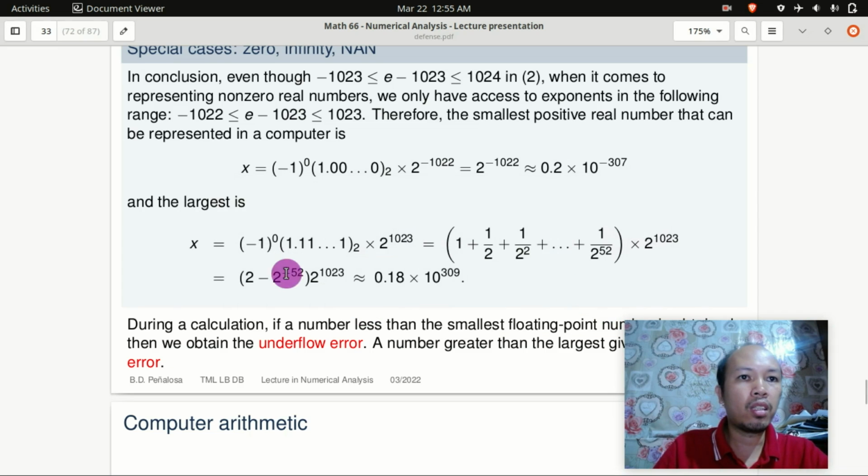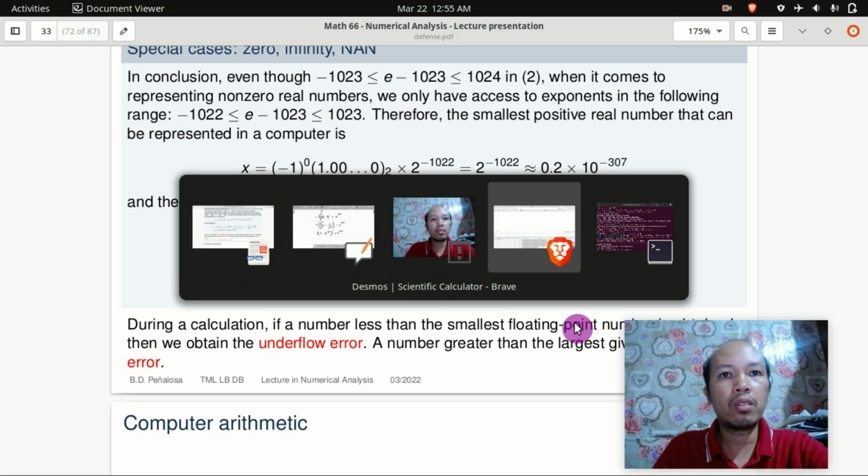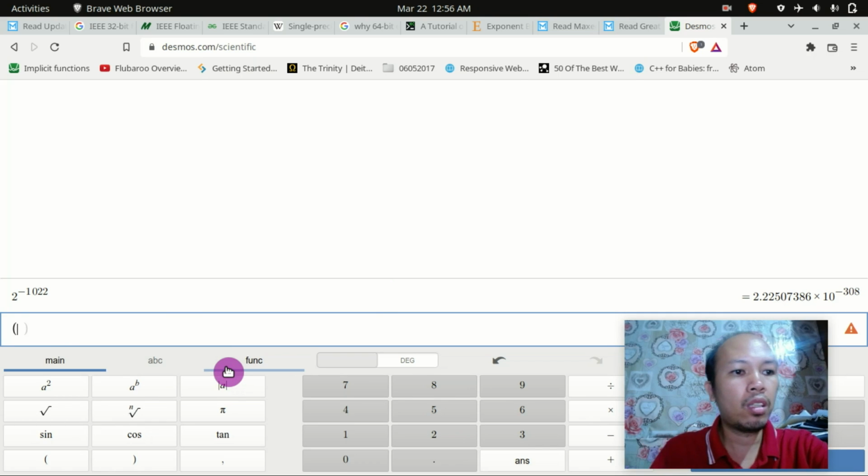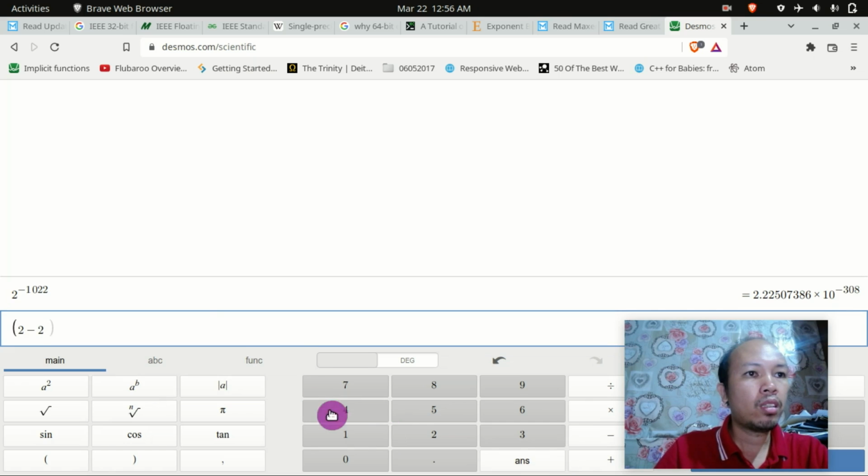So how do we get this number? Again, all you have to do is use the calculator. We have 2 minus 2 to the negative 52, and then let's multiply it by 2 to the 1023, and hit enter.